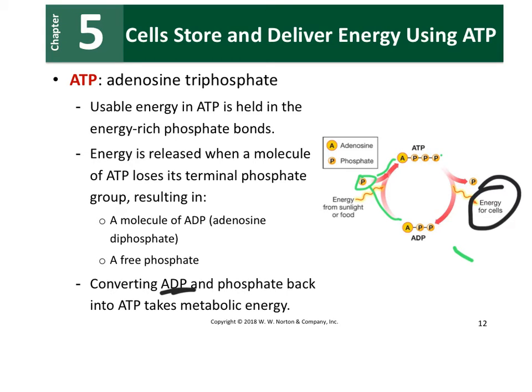You can also add phosphates back onto it during photosynthesis. So this is a circular reaction. Here you're adding, an anabolic reaction, and here catabolic, breaking off and releasing energy.